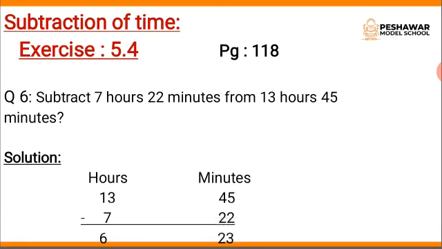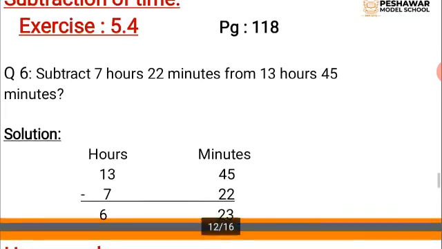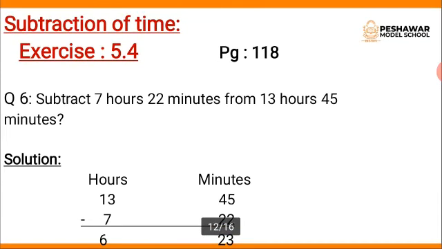Simply subtract them. 5 minus 2, 3. 4 minus 2 is equal to 2, so 23 minutes, and 13 minus 7, 6. So 6 hours 23 minutes.